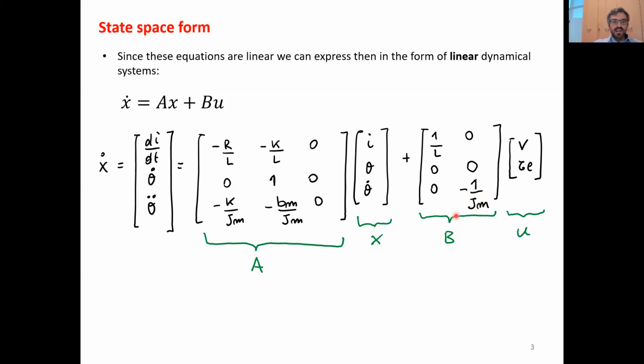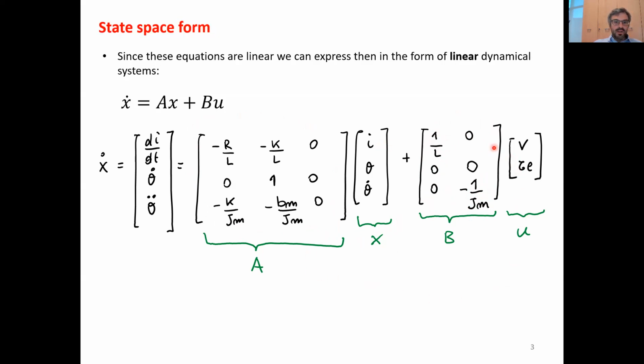And you see that whatever depends on the input, we put in a matrix called B, that we call input matrix. And what depends on the states, we put in a matrix A, which we call state matrix.